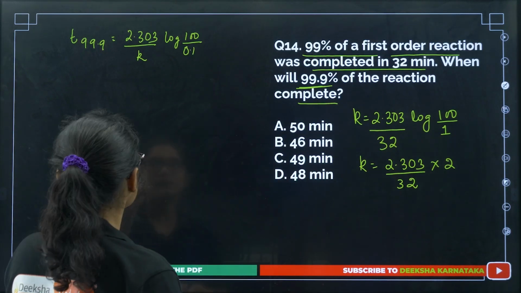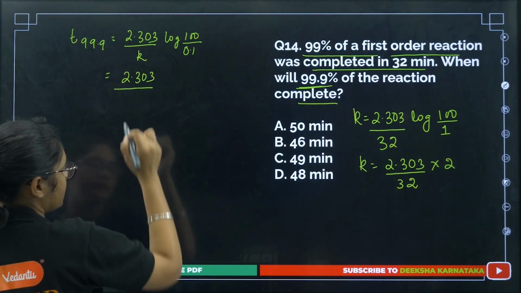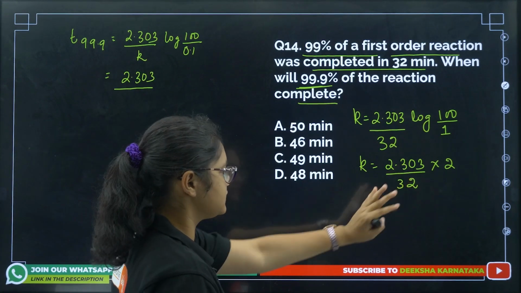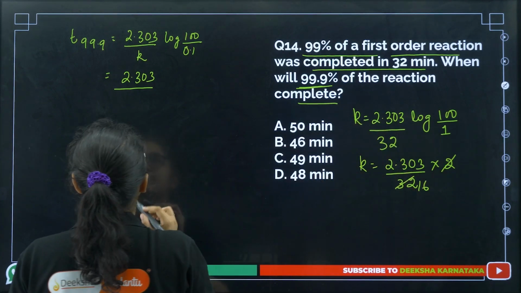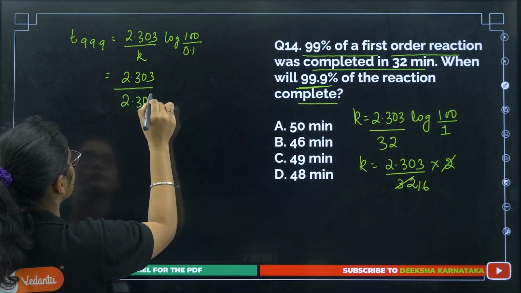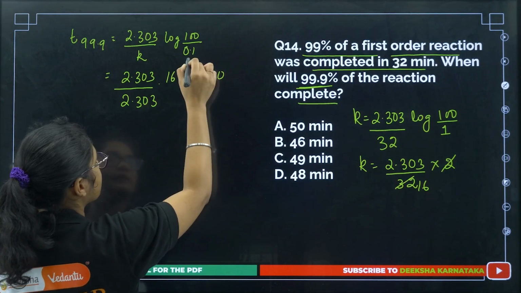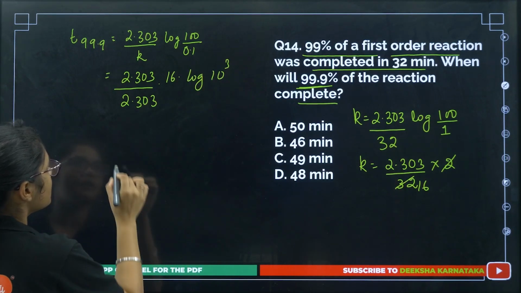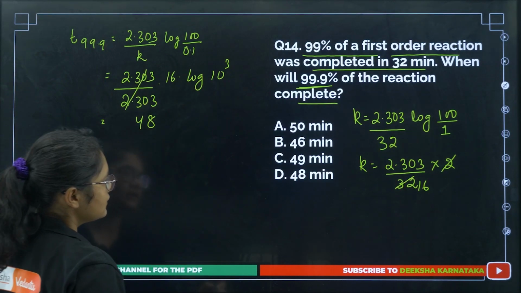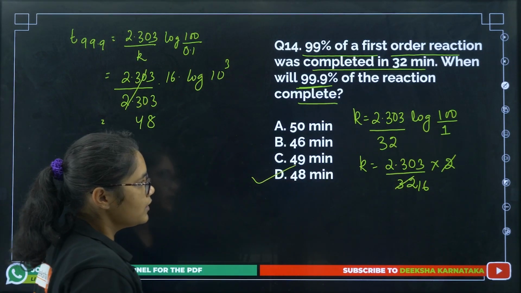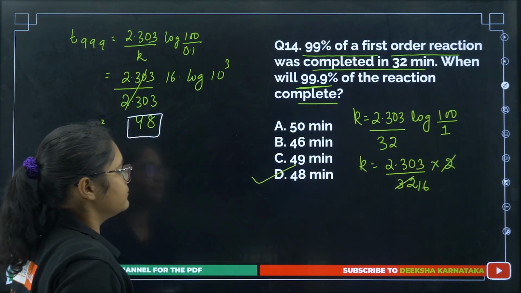So I can write this as 2.303 by, for K value we'll substitute this one. We'll not solve it, so I'll just cancel this one, 2.303 by 16. So I can write 2.303 by 16 log of 100 by 0.1, that is 1000, which means 10 to the power of 3. So this will get cancelled, 16 3s are 48. The correct answer for this question will be option number D.